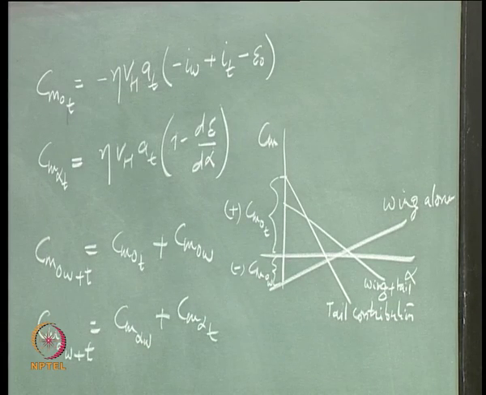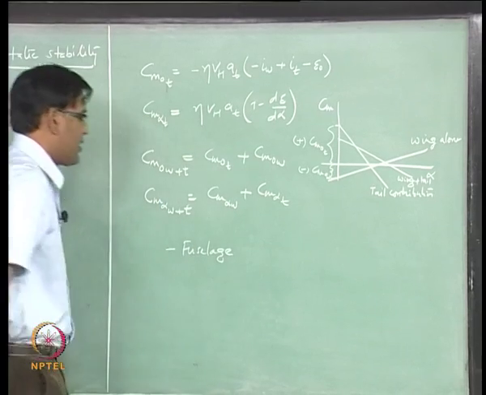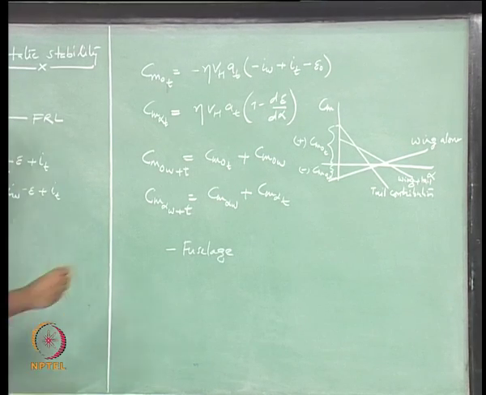Anything else which is also important in contributing to these quantities? Do you have anything else on the airplane which may contribute to pitch stability or Cm naught? You have fuselage. Anything else? Power plant.